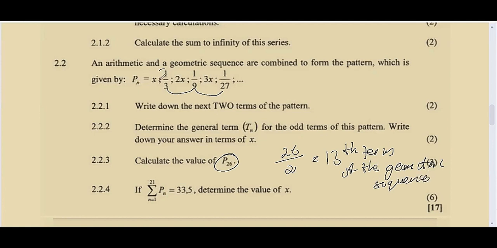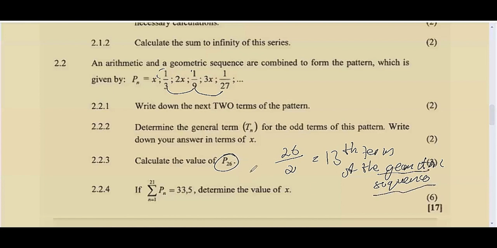Why? Because remember, this is in position number 2. We skip here. It's in position number 4. We skip. It's in position number 6, right? But then in terms of the geometric series, this is in term number 1, term number 2, term number 3, which is why I'm saying 26 divided by 2, because I'm trying to get the term number in respect to the geometric sequence.